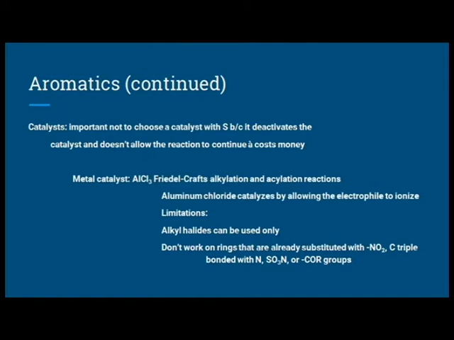Instead, a better catalyst would be aluminum chloride, which can be seen in the Friedel-Crafts alkylation reactions. The limitation, however, is that only alkyl halides can be used in these reactions, and they don't work on rings that are already substituted with NO2, C triple bonded to nitrogen, SO3H, or COR groups.